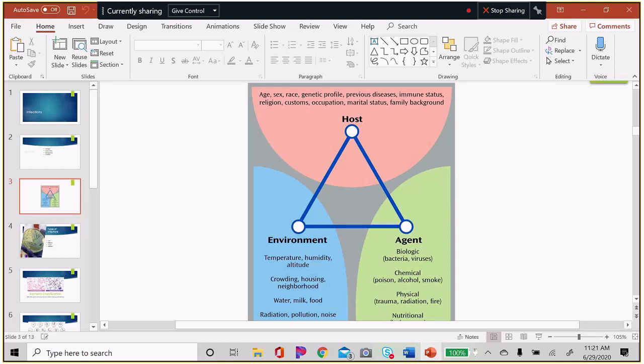Host factors are things about the person's makeup that might make it easier or harder for them to get an infection. So maybe they are immunocompromised because they're on chemotherapy. Maybe they work at a job where their exposure to different infections is higher.